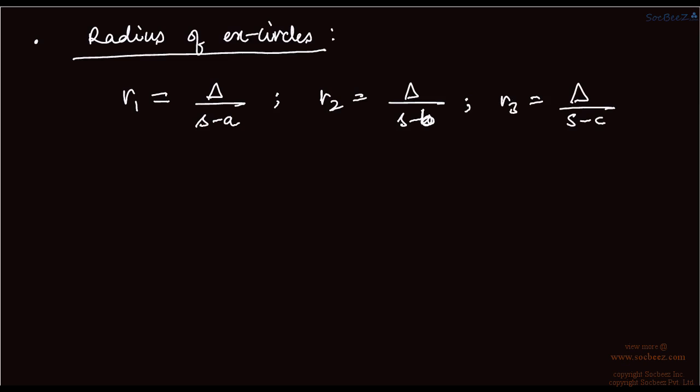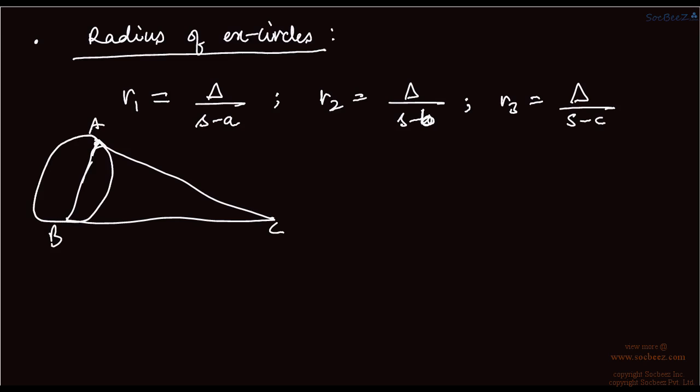Now, what are r1, r2 and r3? First of all, what are the excircles? If this is A, this is B, and this is C, then the circle drawn on this side as the diameter is the C, that is r3. The radius of this circle will be r3.